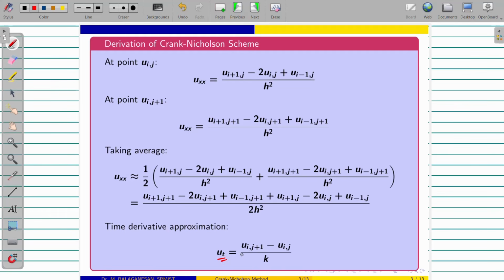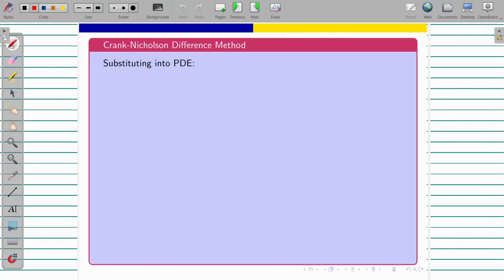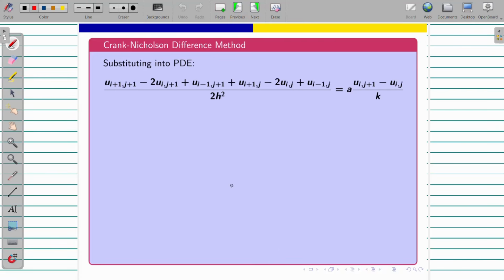Then for ut, suffix t will be u i, j plus 1 minus u i,j divided by k. Substituting that in the one-dimensional heat equation, they are going to give lambda equivalent to k divided by a h square, because if you take this to the right and k to the left-hand side, it will come like that.